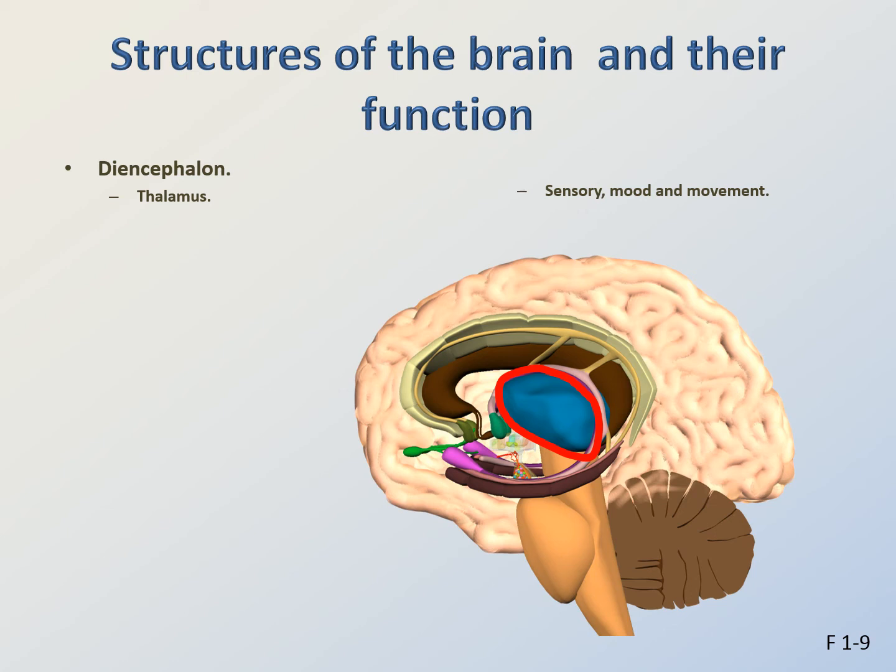Emotions such as rage or fear are processed in the thalamus, thus influencing and integrating the appropriate sensory information and determining mood.